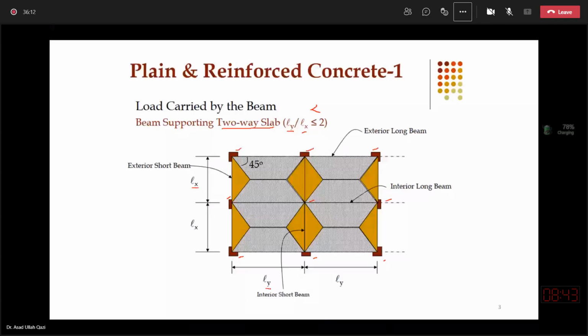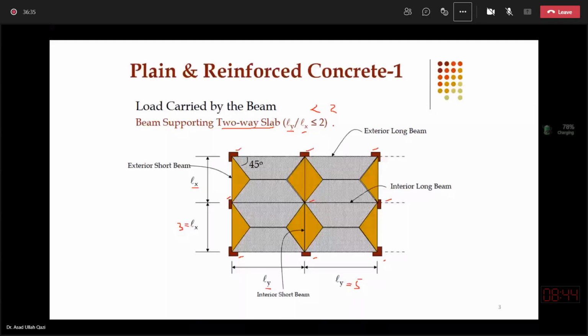Just for example, assume Ly is 5 meters and Lx is 3 meters. So 5 over 3 gives an answer less than 2, which means it is a two-way slab.